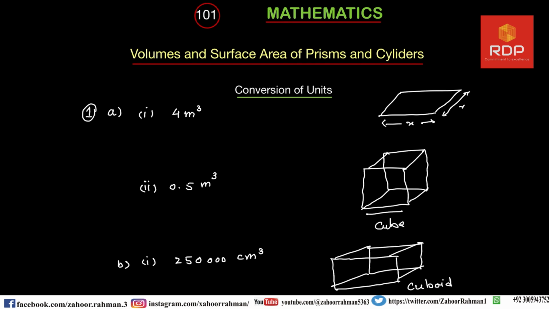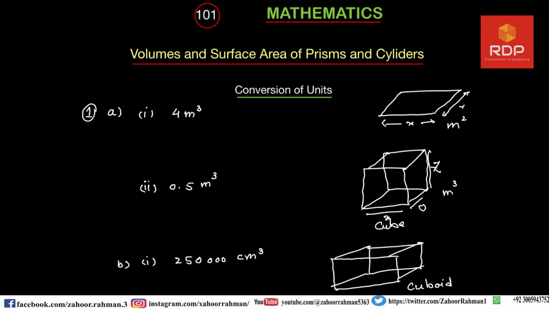Now here we have an x-axis, y-axis and z-axis as well. The second thing is that the area of a flat surface is in square units: if it is meter, meter square; if it is centimeter, centimeter square. But in volume, for a cuboid, the unit must be meter cube. These are the things you have to keep in mind.